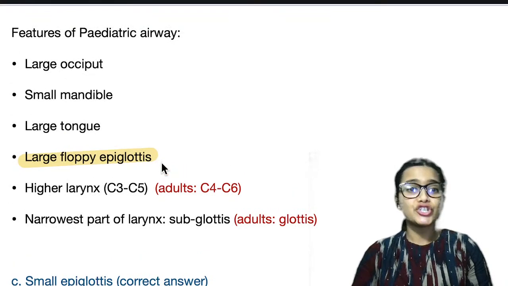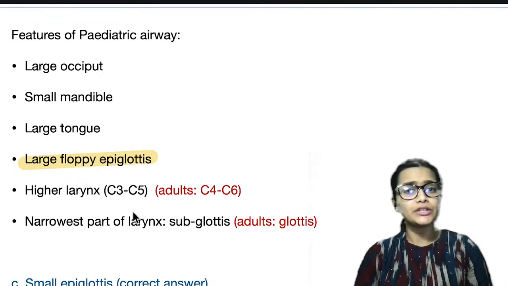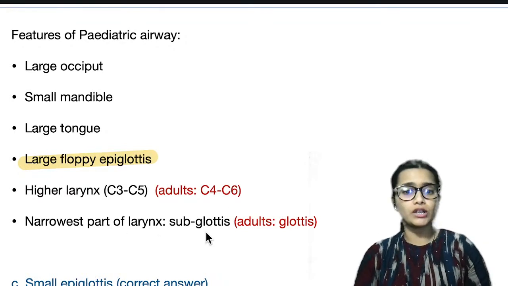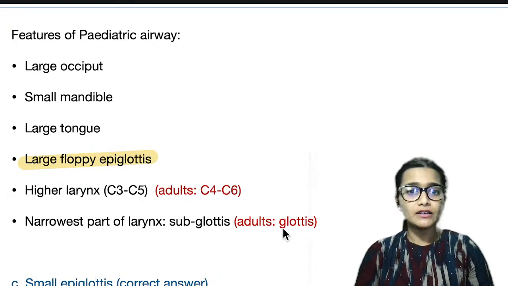The larynx in children is at a higher level compared to adults, between C3 to C5, compared to C4 to C6 in adults. The narrowest part of the larynx is the subglottis, below the vocal cords, compared to adults where it is at the glottis level.